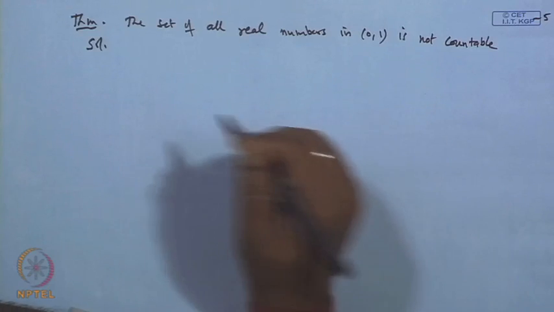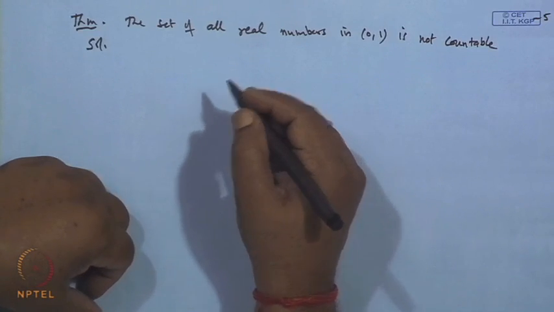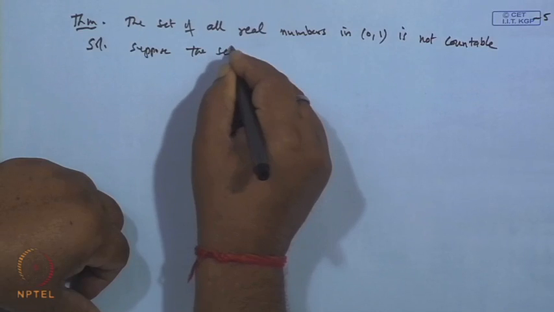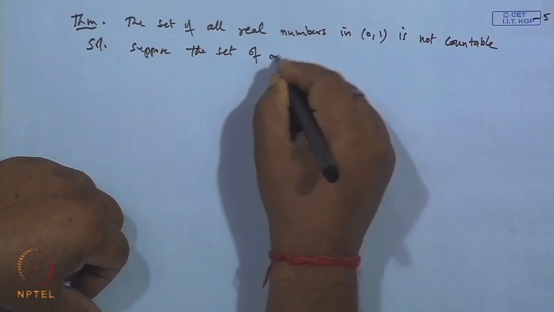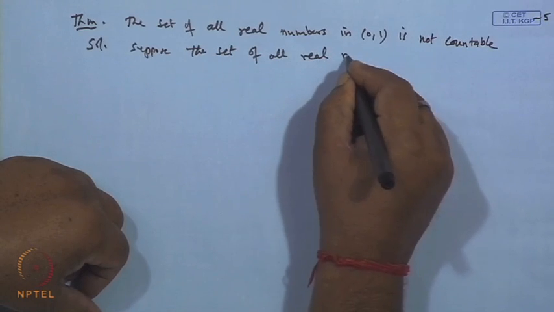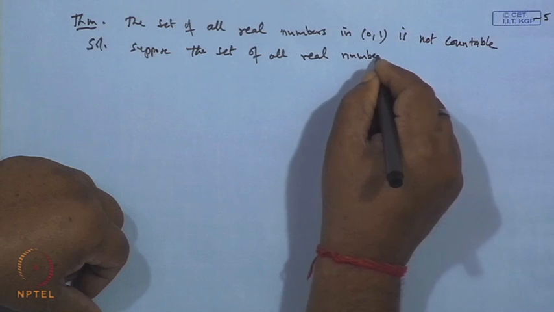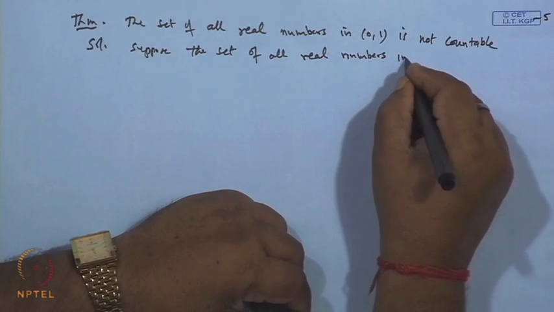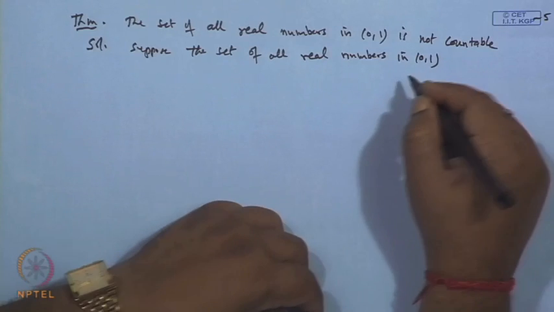Suppose the set of all real numbers in the open interval 0 1 is countable.